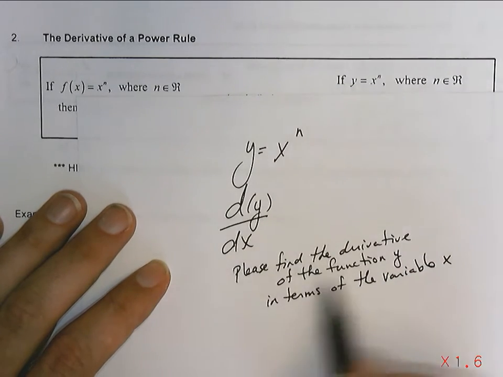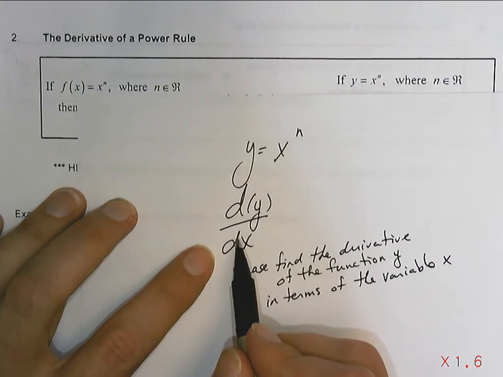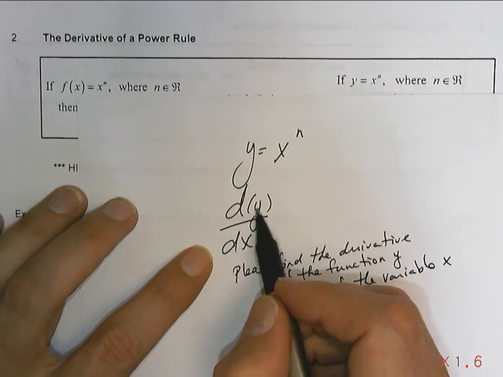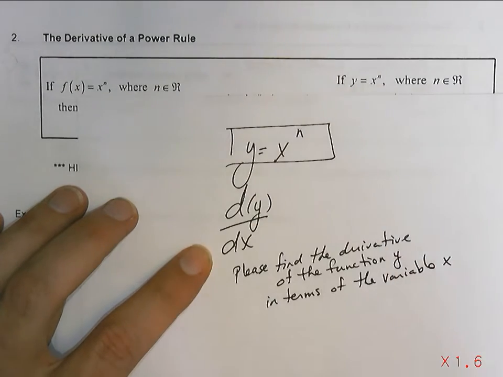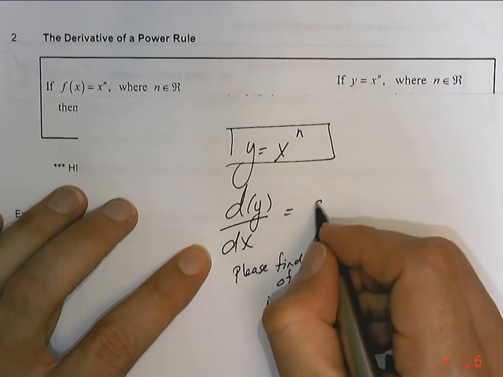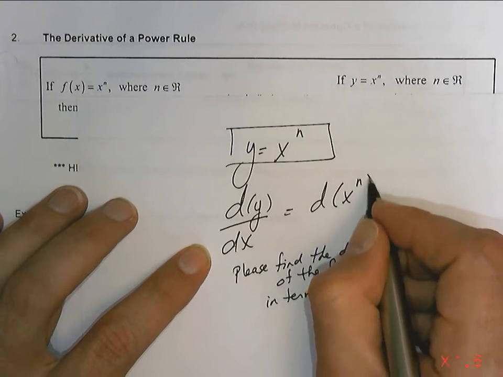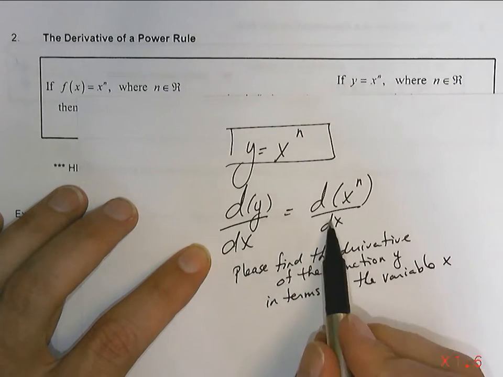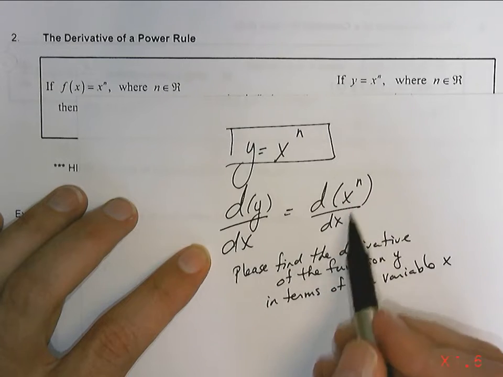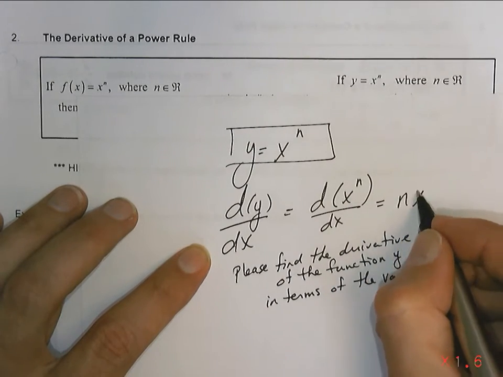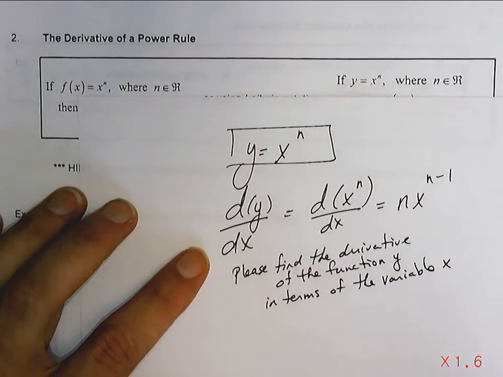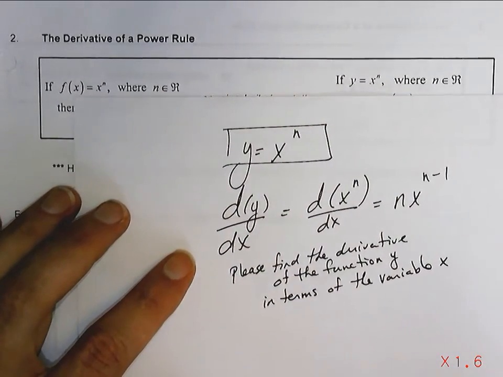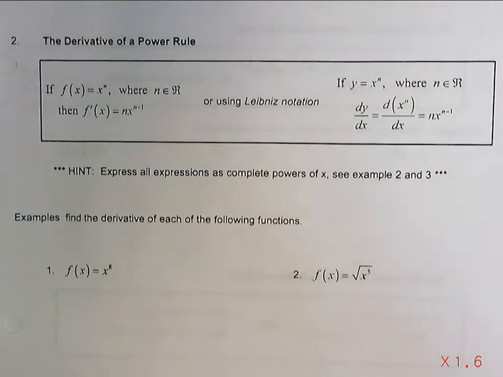Now I agree, that's a lot of words. That's why we write it like this. I don't know what y is in terms of x here, but somewhere they told me that y equals that. So it becomes the derivative of x to the n over dx. This says find the derivative of whatever's in here in terms of x. If it's still bothering you, good. We'll come back to it. We're going to keep doing it.